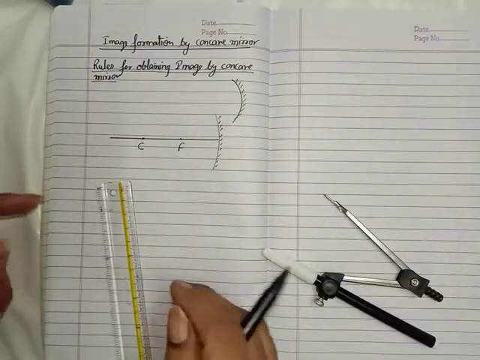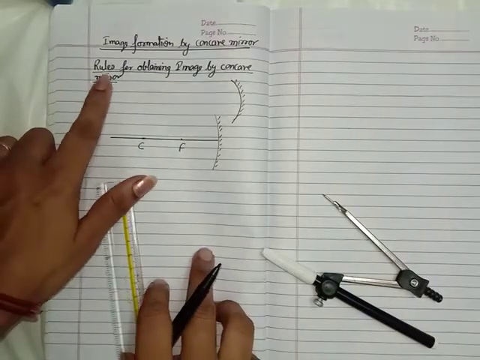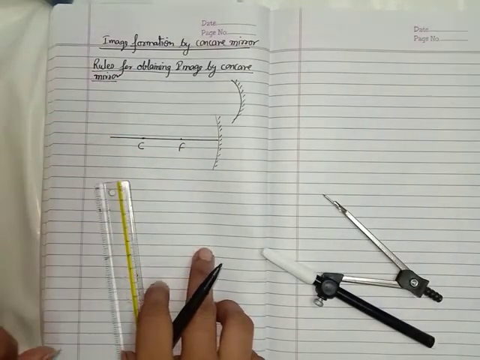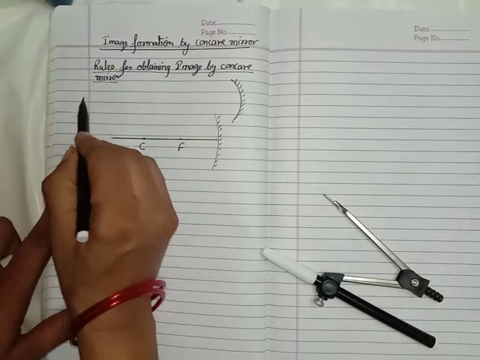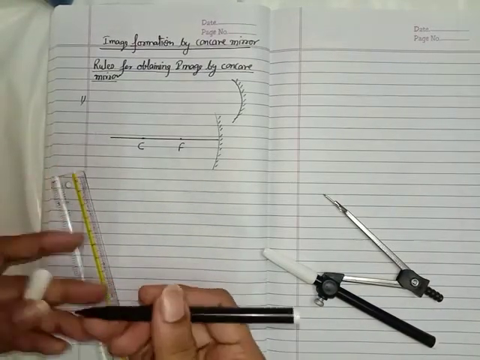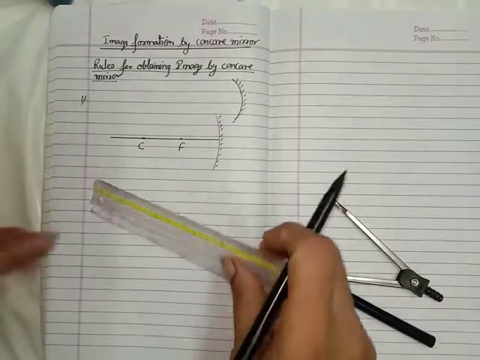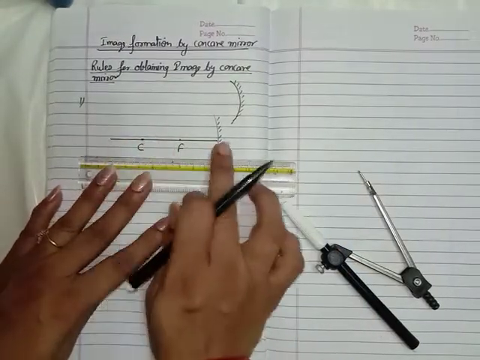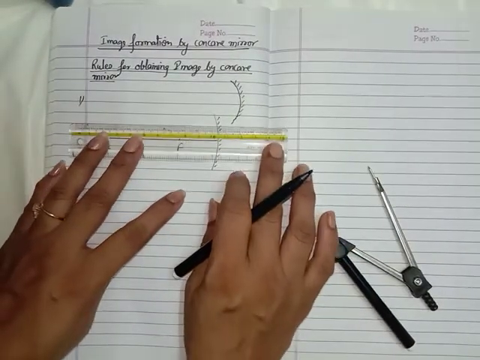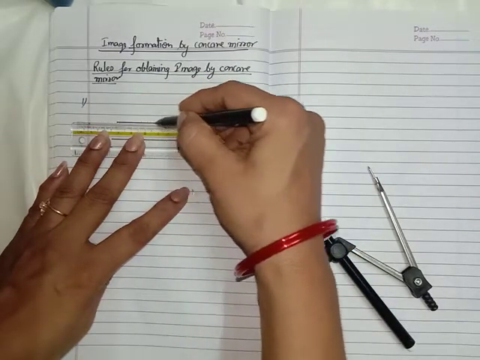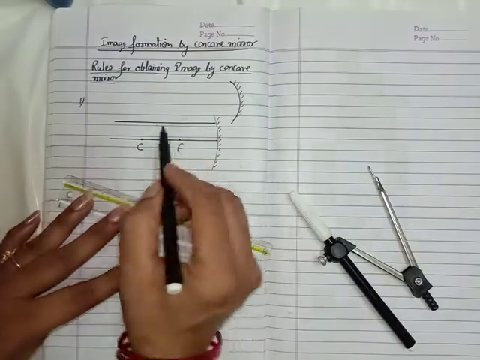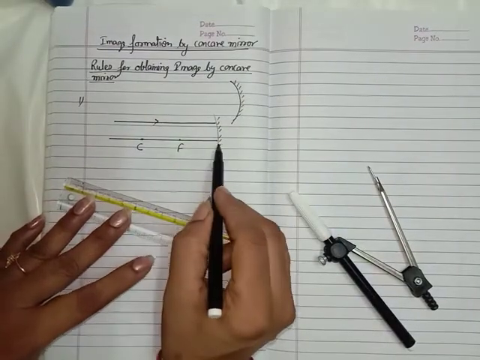Okay, now the rules. First of all, you should know what the rules are for obtaining the images by the concave mirror. The first rule is this one. You have to write down the rule. The rule is this: if a ray of light is parallel to the principal axis, this is the principal axis. I have already explained in the last lectures that this is the principal axis. Now this is a light ray which is coming from the object and it is parallel to the principal axis.